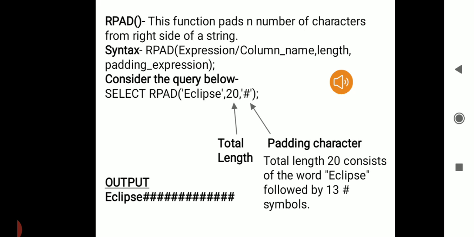This results in the string eclipse being displayed followed by 13 hash symbols. The output is listed below, which shows the string eclipse followed by 13 hash symbols to give the total length of the string as 20.